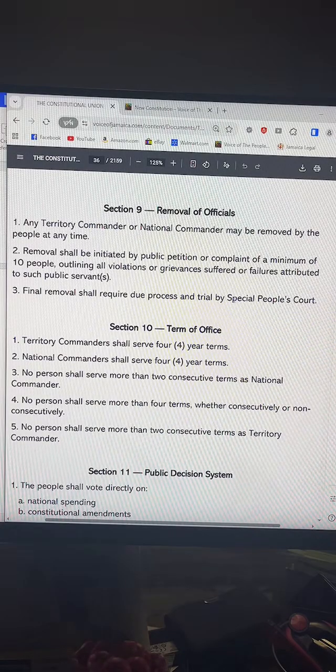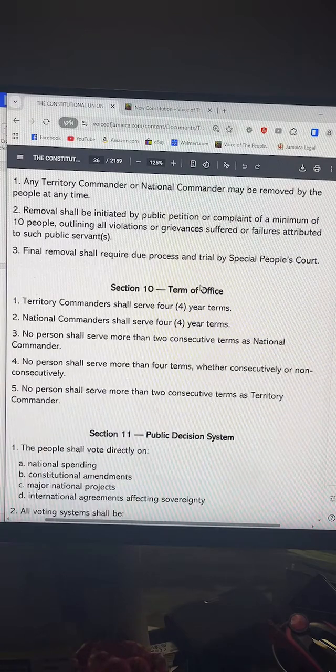So what we would have is something called a special people's court, where random people of the public would come together and form this court, and those members of the public would hear the evidence and, based on the law, determine whether or not that individual is guilty or not guilty, right? So as long as it is a public official, that public official would not be tried by the normal court. It would be tried by members of the public, all right?